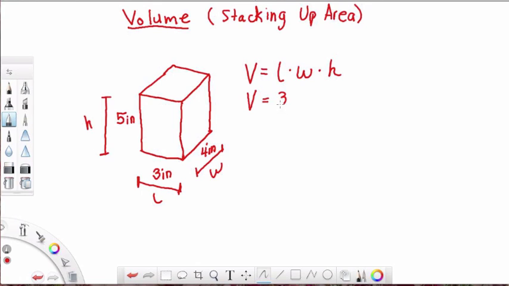Our length is 3, our width is 4, and our height is 5. And by the way, those are all inches too. Can't forget my labeling. Setting a bad example. Sorry, cougars. Okay, let's fix this. So the volume: we would take 3 times 4 times 5. 3 times 4 is 12, and then 12 times 5 is, well, 5 times 10 is 50, and 5 times 2 is 10, so we would have 60.